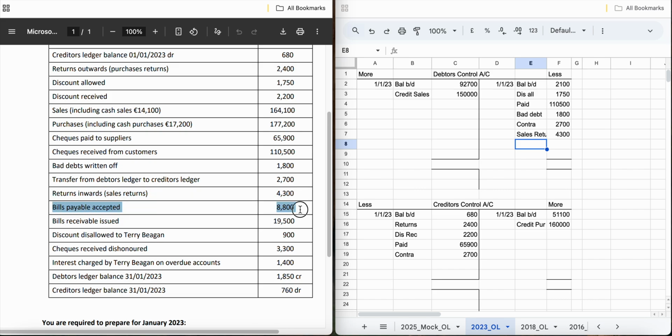So you paid money to someone, basically. Who did you pay money to? You paid money to a creditor, and now you owe them less because you paid the money, 8,800. Bills payable.